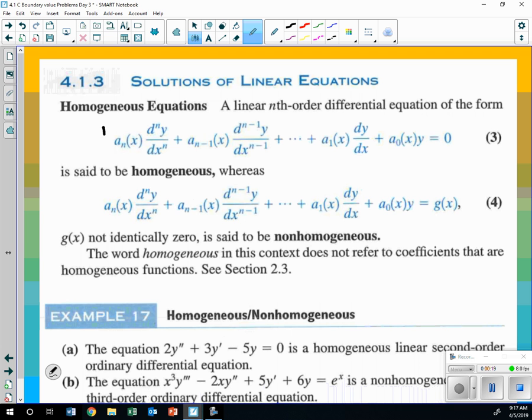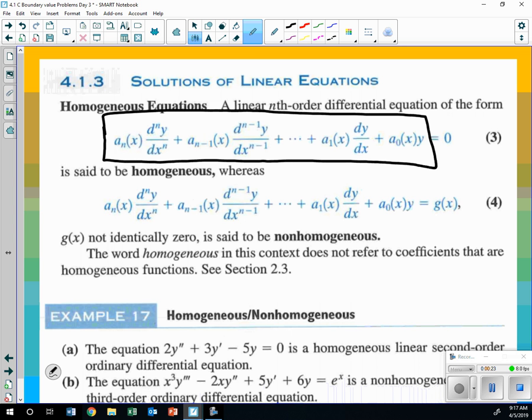The first thing is, if you take a peek at this, it's just our regular old linear differential equations. Something y double prime, something y prime, something y, something without y's. If you look at this, they don't have the something without y's because it's equal to 0. That's homogeneous.